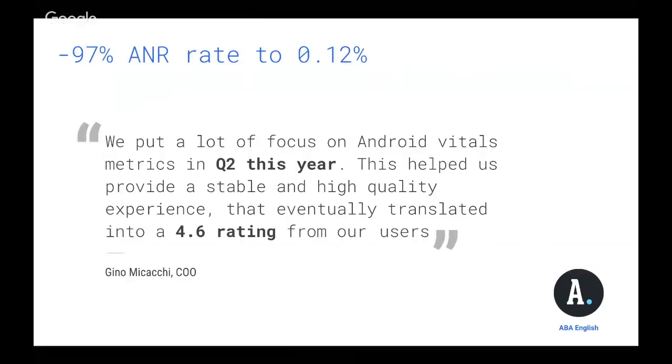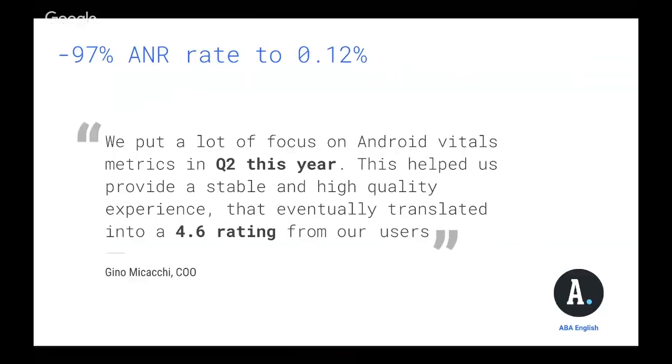The ABA English team is not a huge team, and they don't have enough resources to have a full team focused on Android performance. But what they decided to do instead was to dedicate one quarter to fixing their Android Vitals issues.